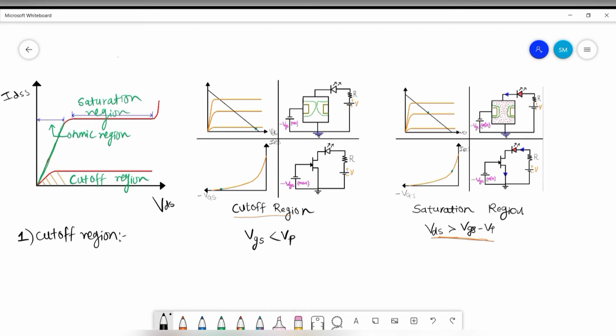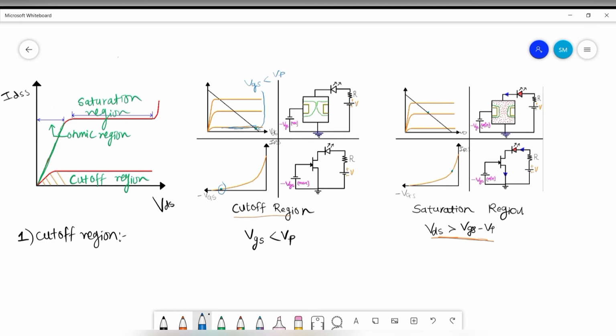What does this mean? This is VGS, and it is operating below VP. This is VP, the pinch-off voltage basically, and VGS is less than the pinch-off voltage, so we can say that your JFET is operating in the cutoff region.